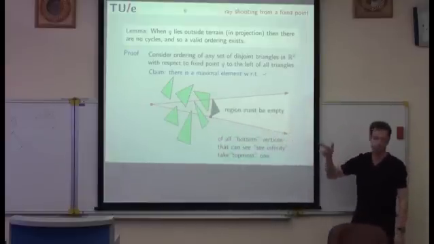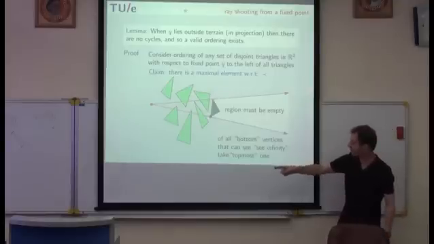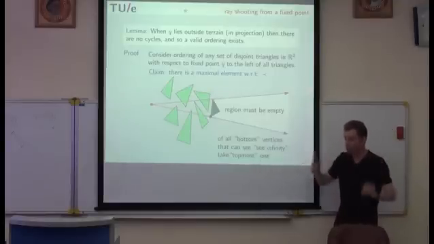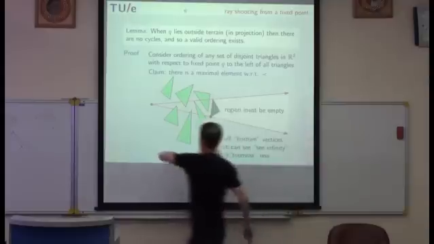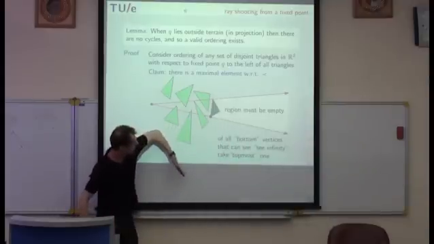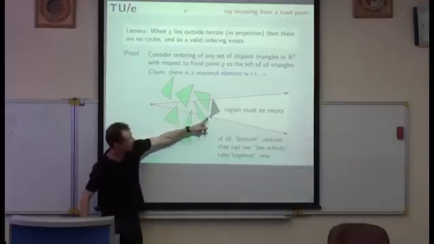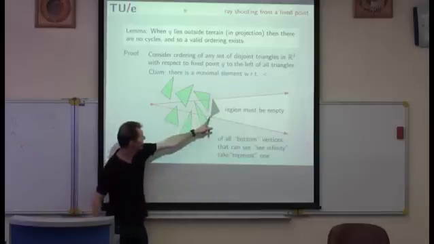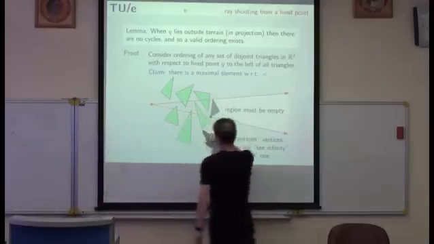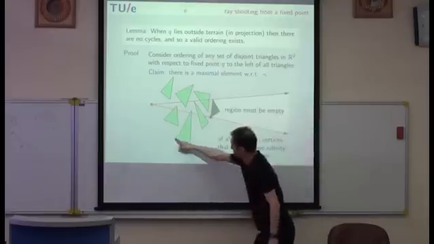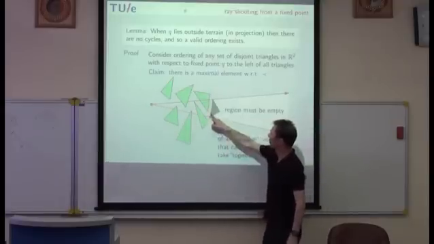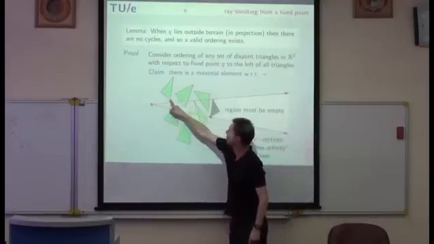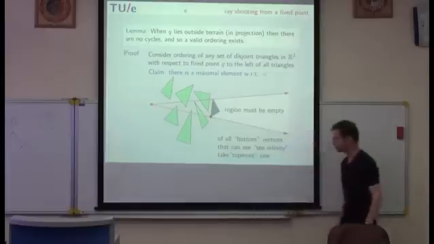And now of all the ones that can see infinity, I take the topmost one. So of all the ones that can see infinity, I take the one that I hit last in this ordering. So that's this guy, right? This could also see infinity, this also, but this is the last one, because all of these cannot see infinity.